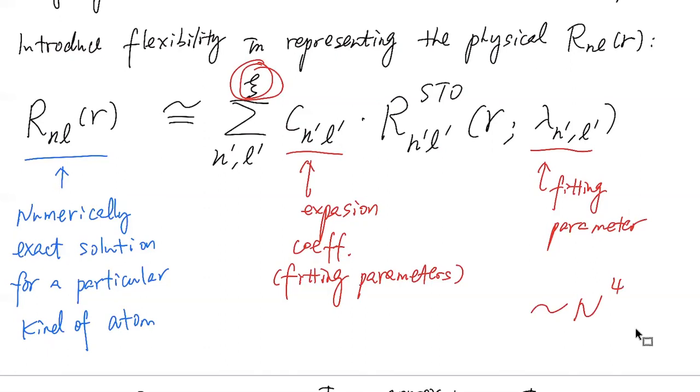N is the total number of bases in your system. Then if you use a very high quality basis, your calculation is going to be very, very expensive. And usually you don't need to do that, because first of all, the level of the approximation you're using has its intrinsic limitation.